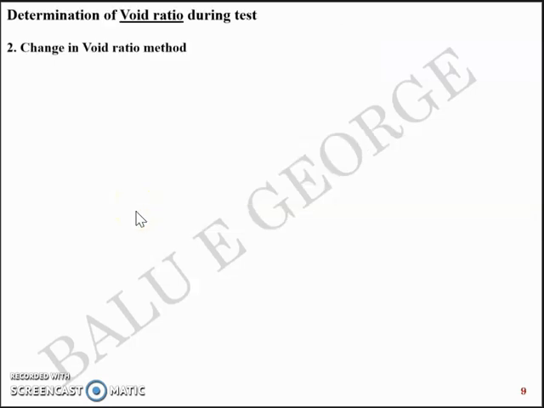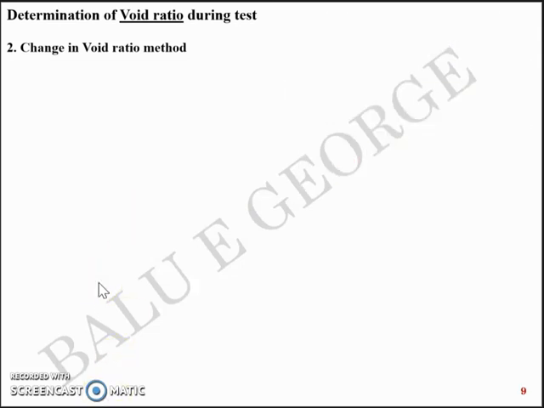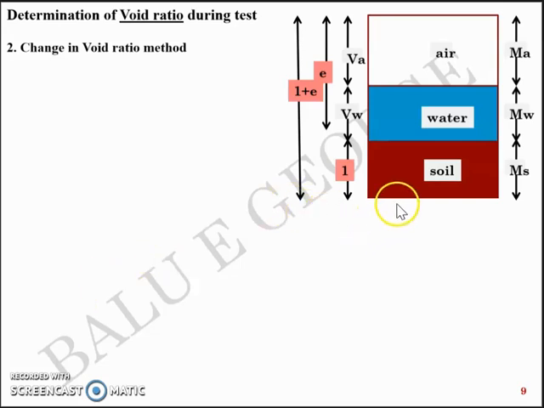Now the second method is the change in void ratio method, where we go back to the three-phase system diagram. You have three phases, soil, water and air, and volume of solids is replaced by unity, which will give you the volume of voids as the void ratio itself, and the total volume as 1 plus e.